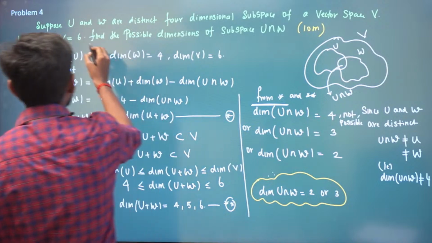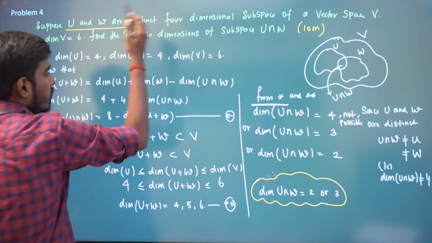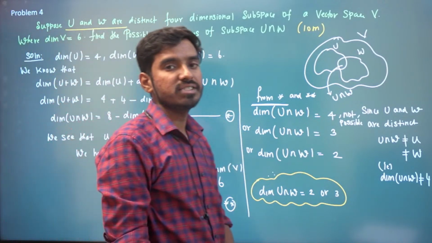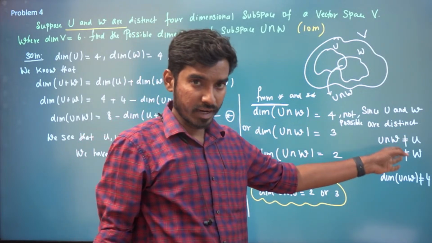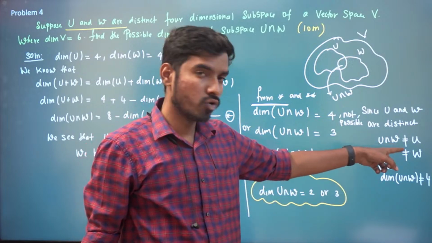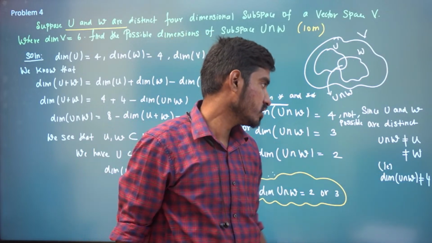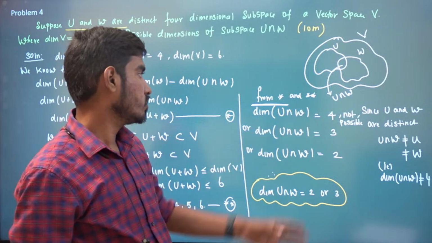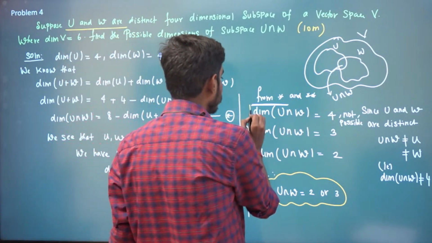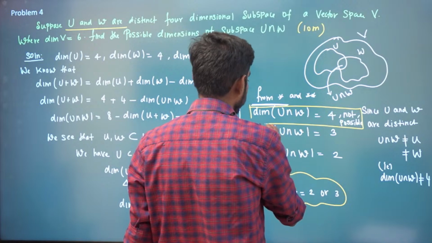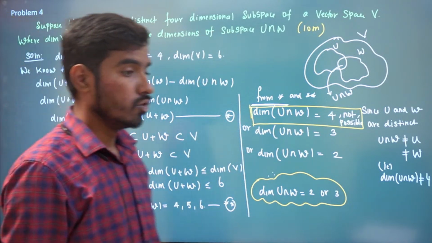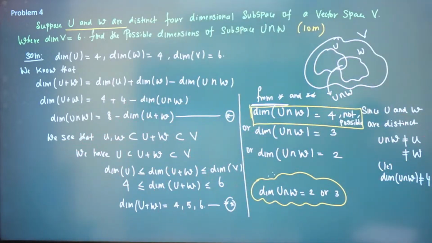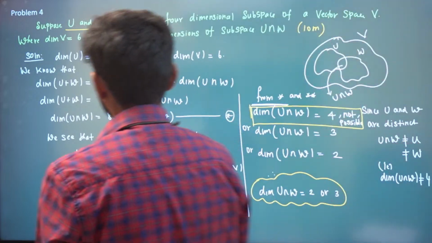Since U and W are distinct, the intersection cannot be equal to U or W. That means the dimension of U intersection W cannot be equal to the dimension of U and cannot be equal to the dimension of W. Both are equal to 4 here. So the dimension of U intersection W cannot be 4. This is not possible. So 3 and 2 are the possible dimensions of U intersection W. Right? So we'll move on to the next one.